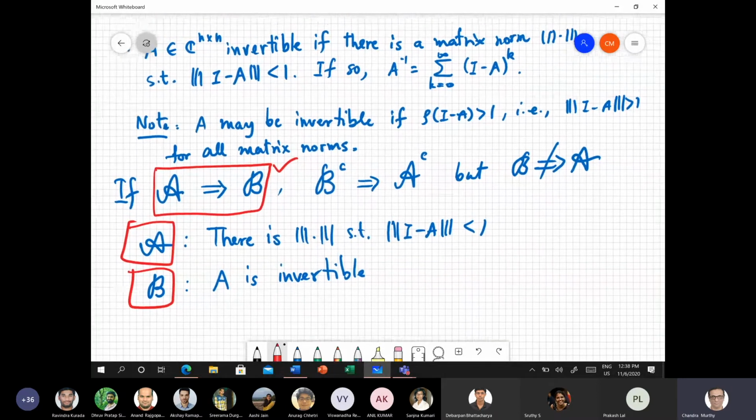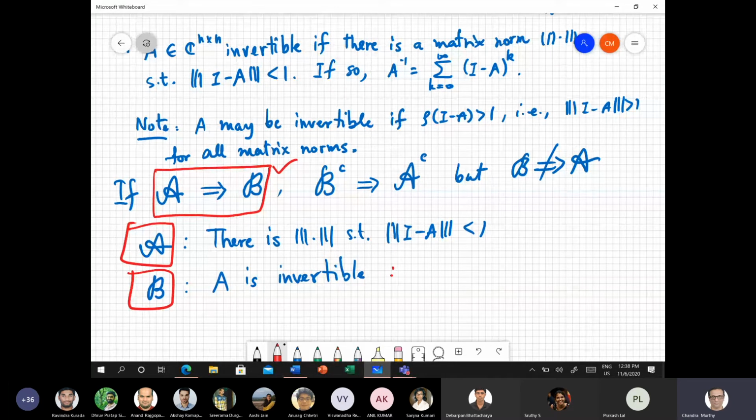Now what is B complement here? B complement is that A is singular. So if A is singular, it means the complement of A. What is A complement? A is the statement that there is a norm such that norm of I minus A is less than 1.